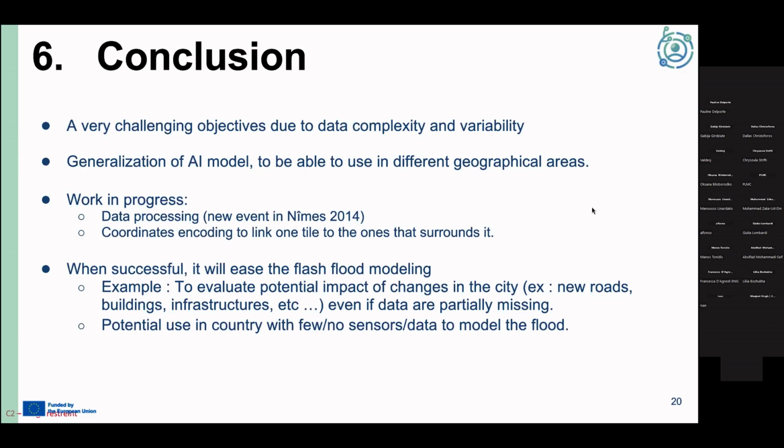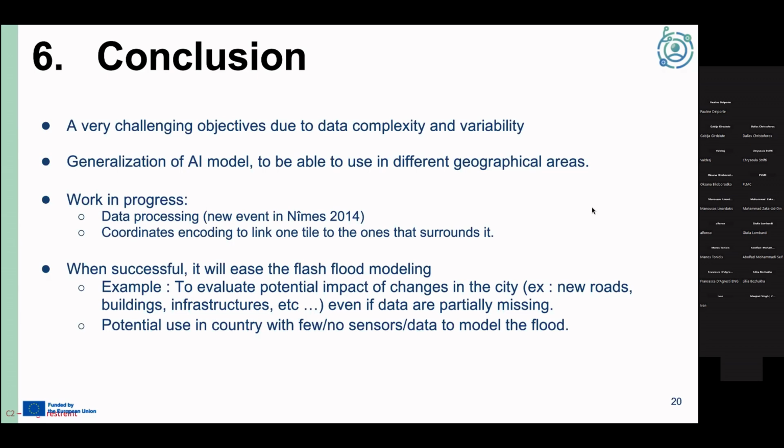What we are trying to do for now is test a new event in Nîmes, because right now we have trained our model on 2 events, 2002 and 2005, and now we are simulating the new event with our hydrodynamic model, and then we will be able to use the data for the AI one.